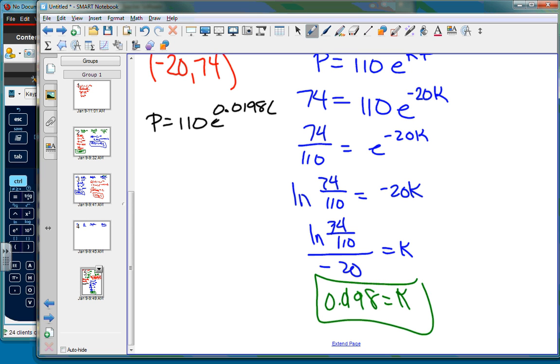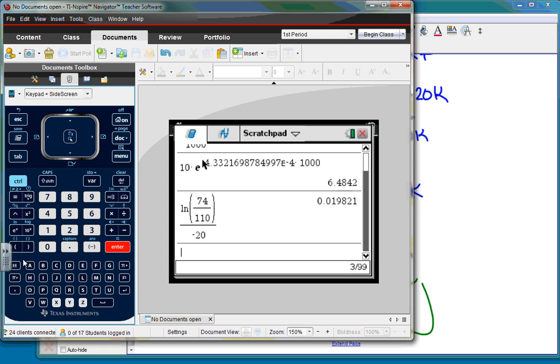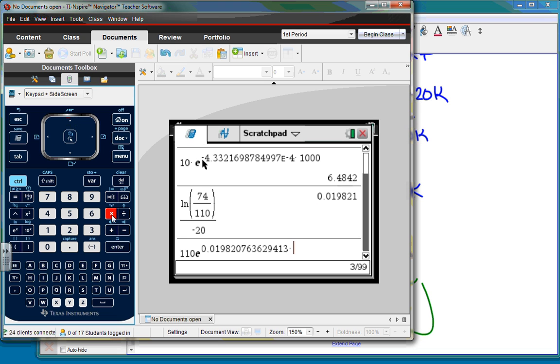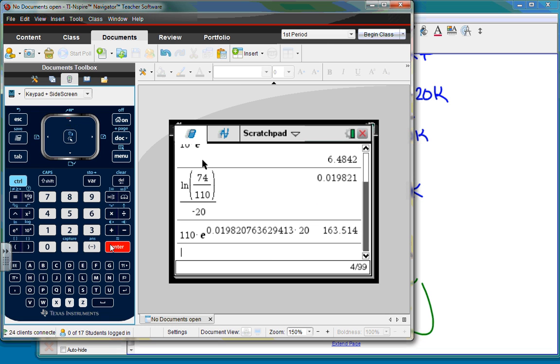Why 20? Because that'll be the year 2020, and how much is that going to give me? Well, 110 times e raised to that lovely rate times 20.